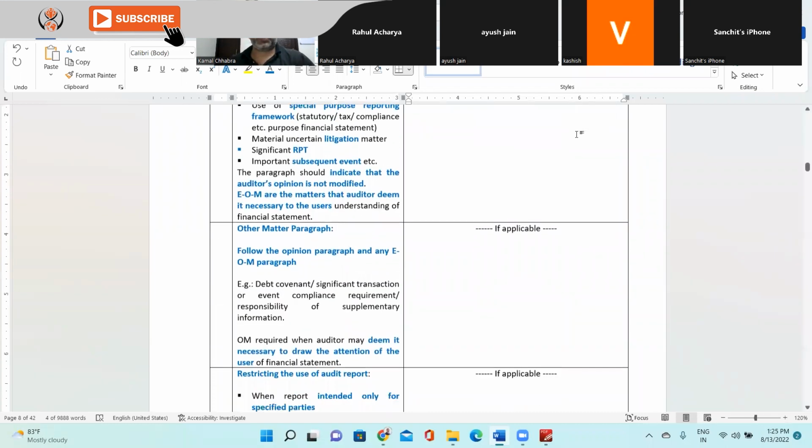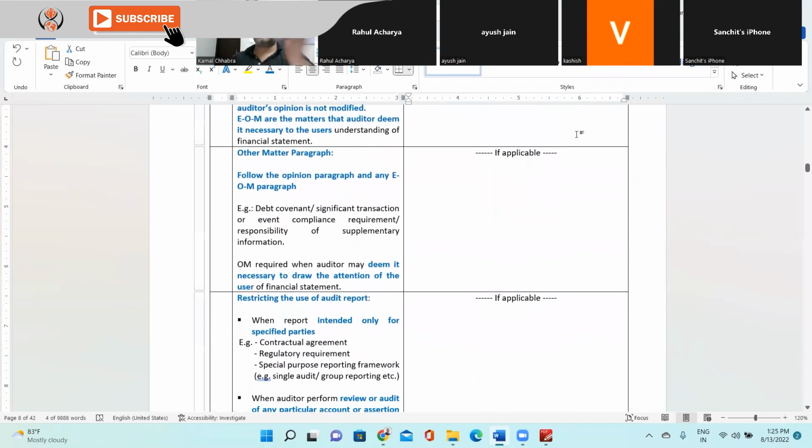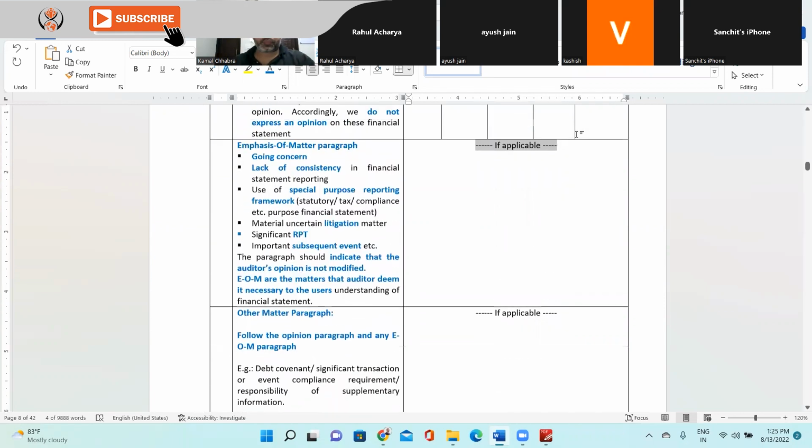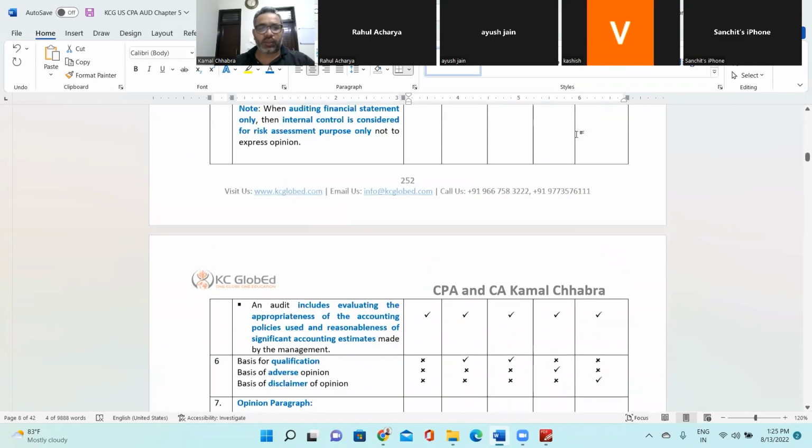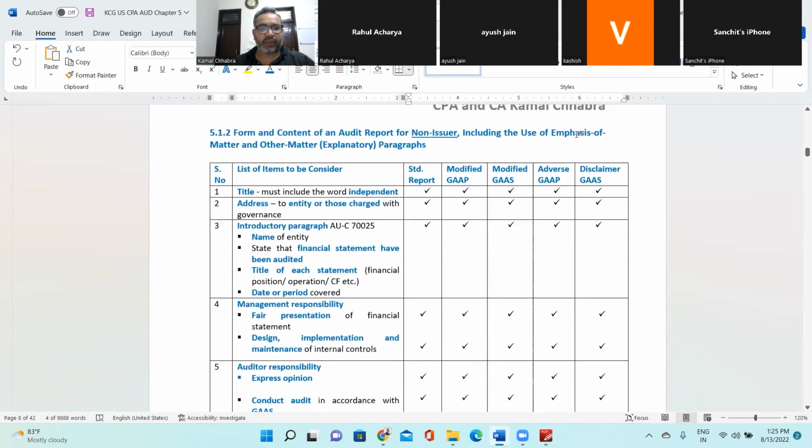Next is other matter paragraph. These paragraphs are actually in a sequence, so you need to keep this in mind. Here I have mentioned serial numbers.